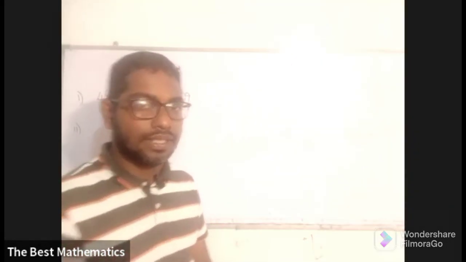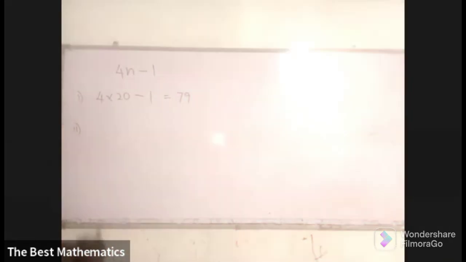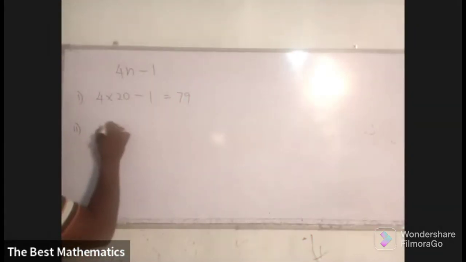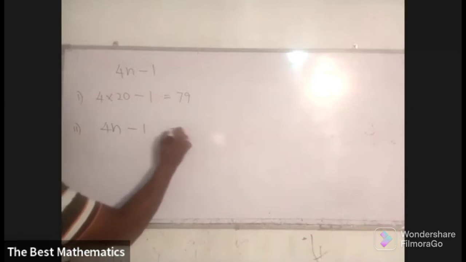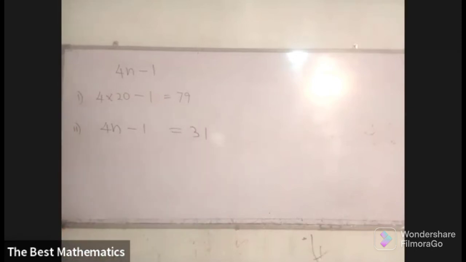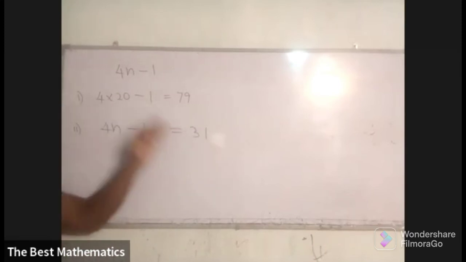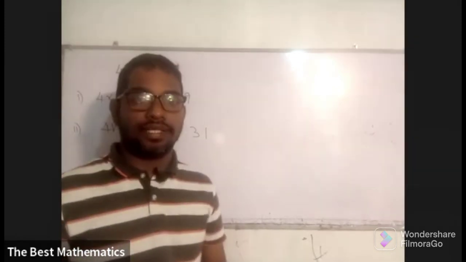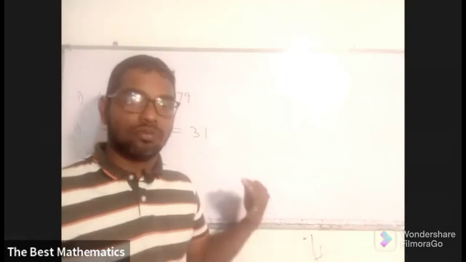Equalize the given general term to that number: 4n minus 1 equals 31. Then simplify this equation, and you will receive the place of that term, the value of n.